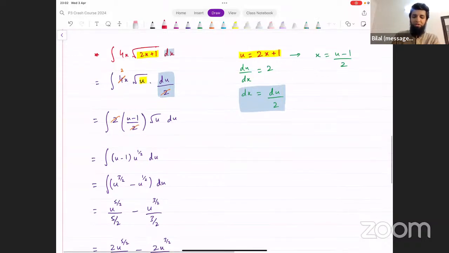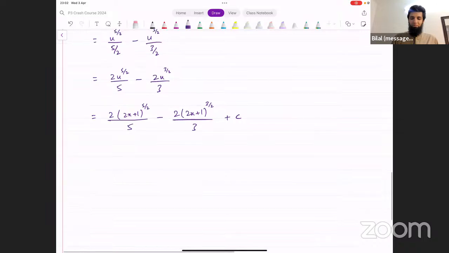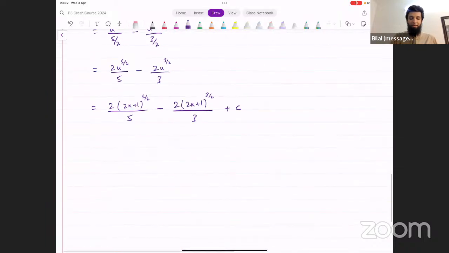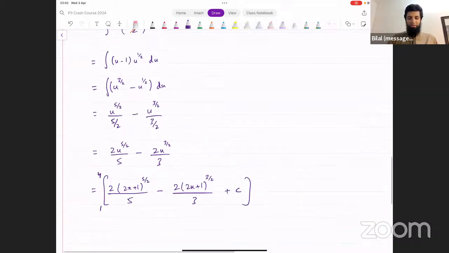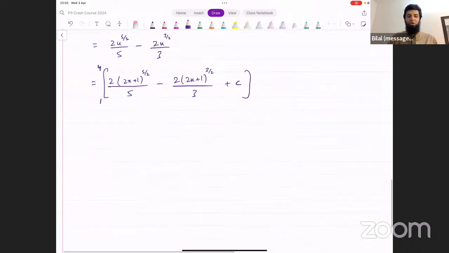For example, let's say in this case, the limits were from 1 to 4. And you had to evaluate this integral with limits. Now, how would you do that? One possibility could be that after you've integrated everything, at the end, after converting back to x, you input those same limits 1 to 4.